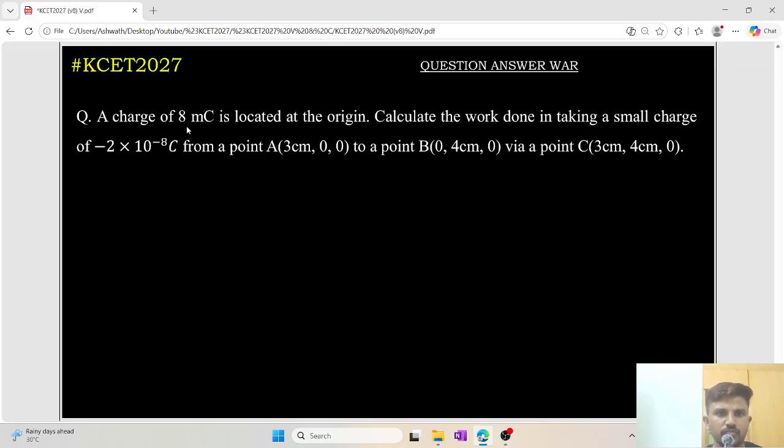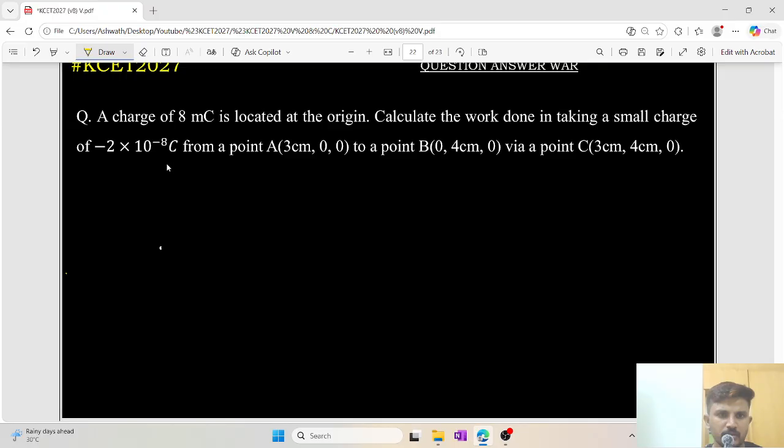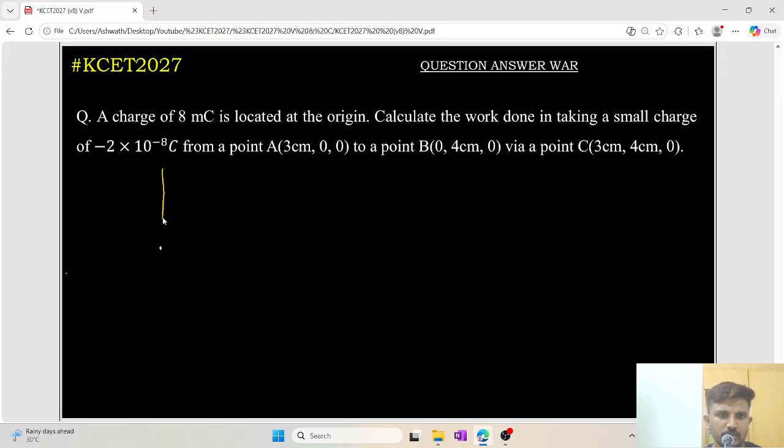A charge of 8 millicoulomb is placed at the origin. Let me consider this as the y-axis and this as the x-axis.